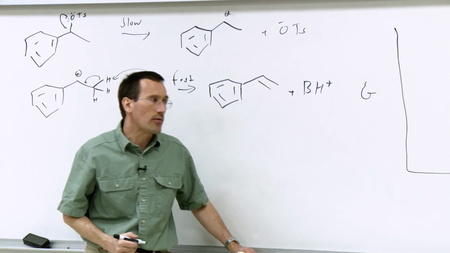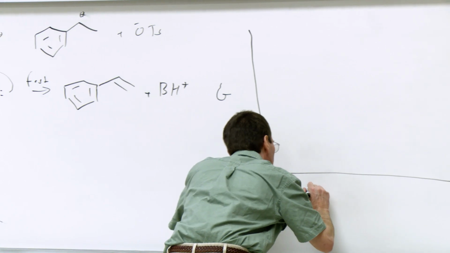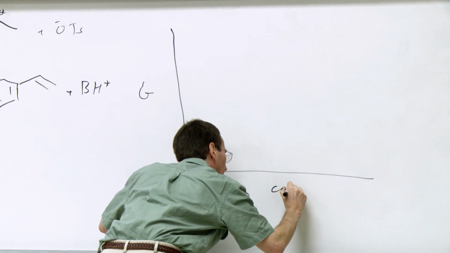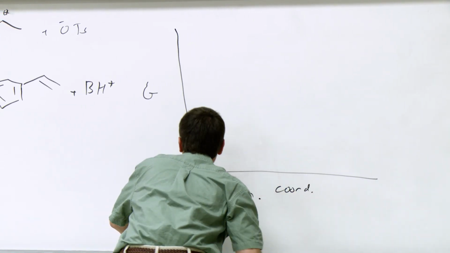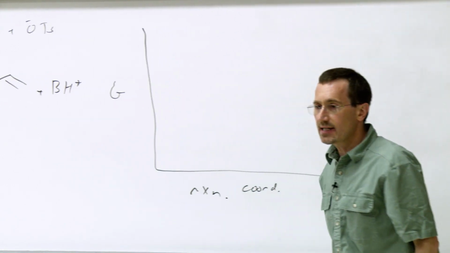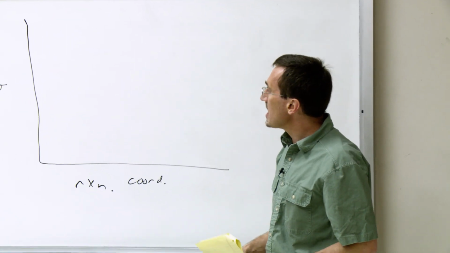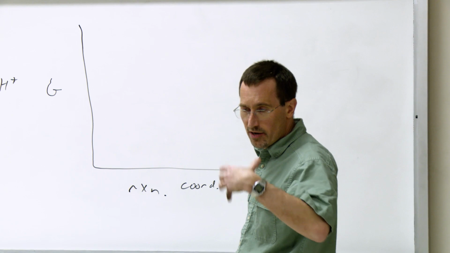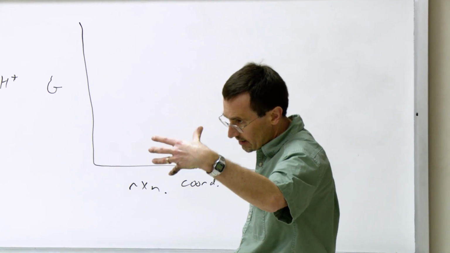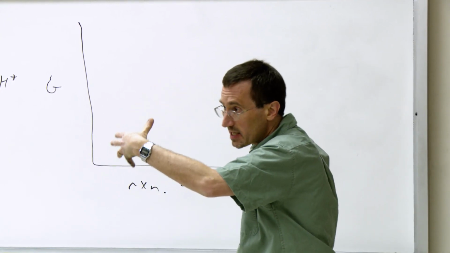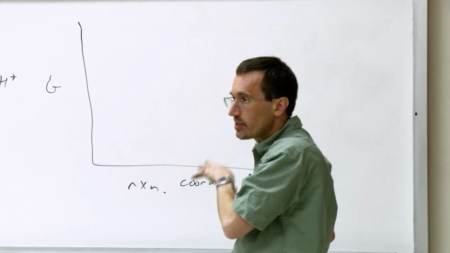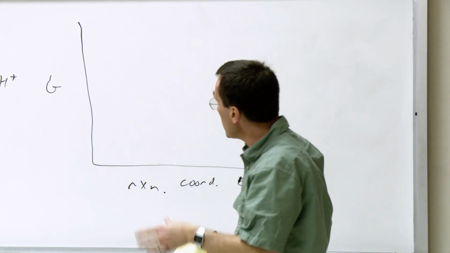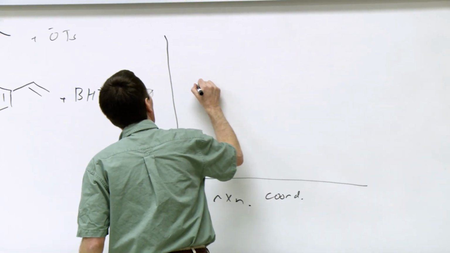We write our reaction coordinate on the x-axis. And we're going to sketch out the relative energies of the reactants, the intermediates, if there are any, and the products, and look at the transition states along the way.